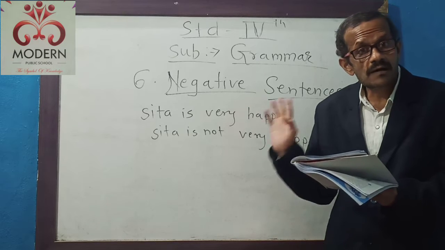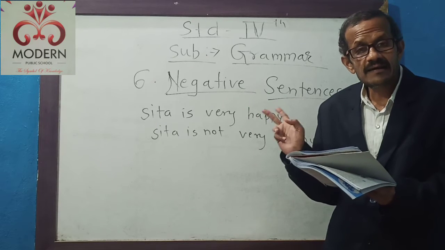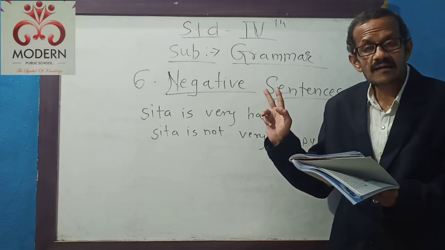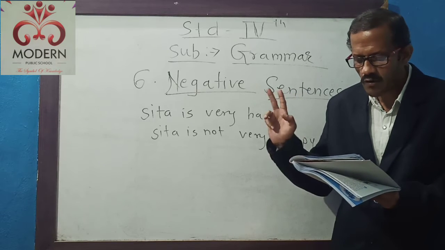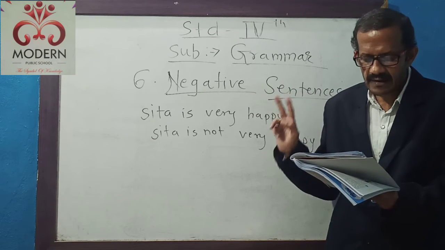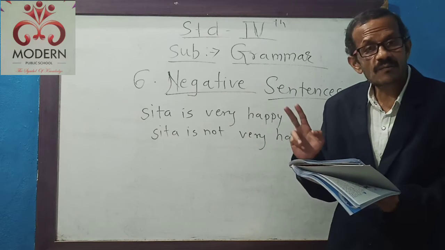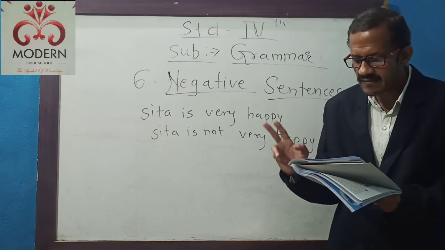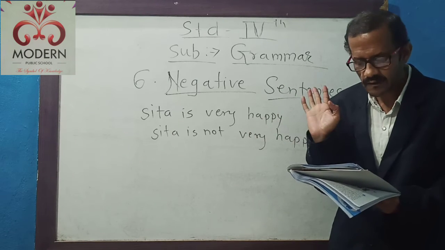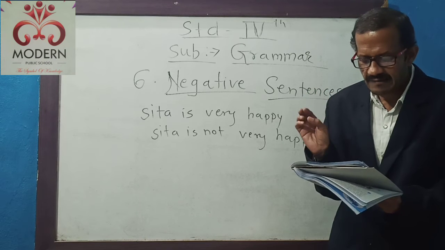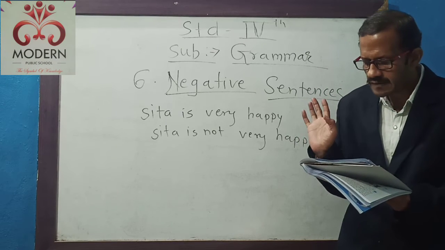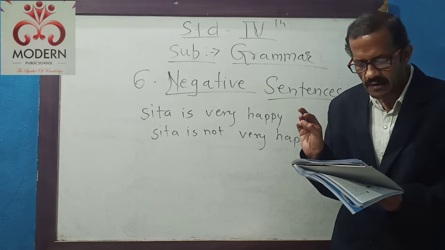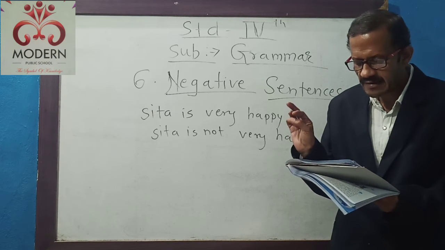If we add the word not in the sentence, then that sentence becomes negative. In another example, she has money, that is the positive sentence. But she has no money, that is the negative sentence. In sentences where verbs are made up of two or more words, we put not after the first word to make the sentence negative.